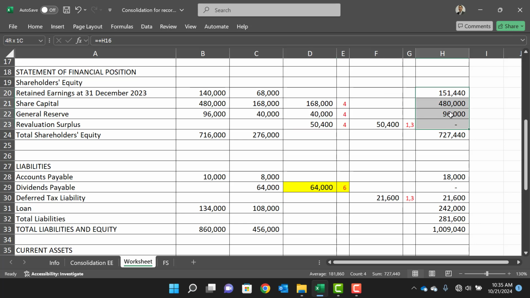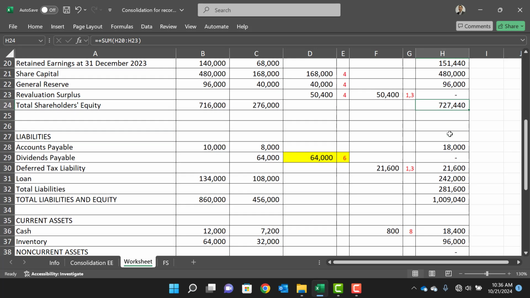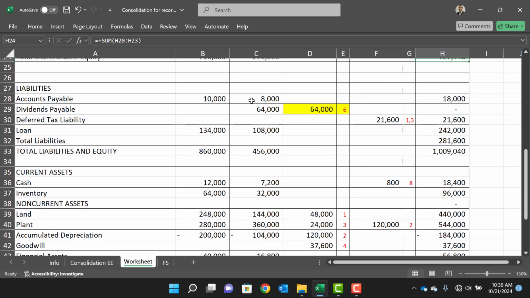And then again, you get the sum, you will have this. The other information here is a bit straightforward. As I mentioned, if dividend paid here is credit normal balance and you have debited it, then it will be zero. Accounts payable, if you have 10,000 here and 18,000 here, both credit, nothing here, just add 18,000 here.